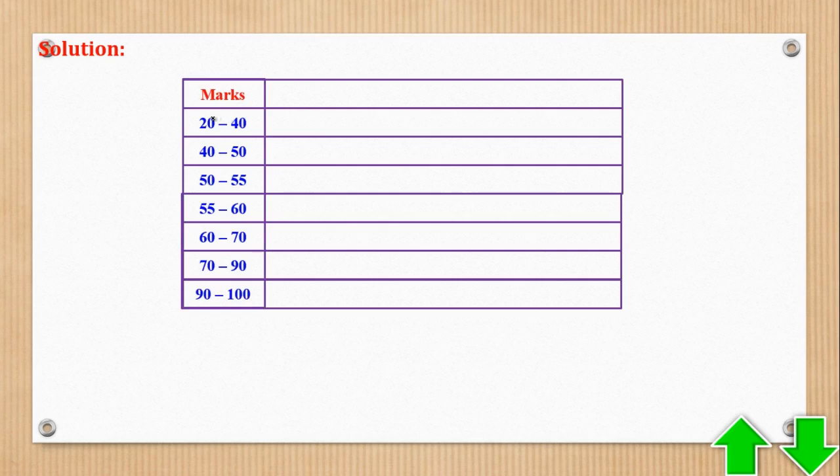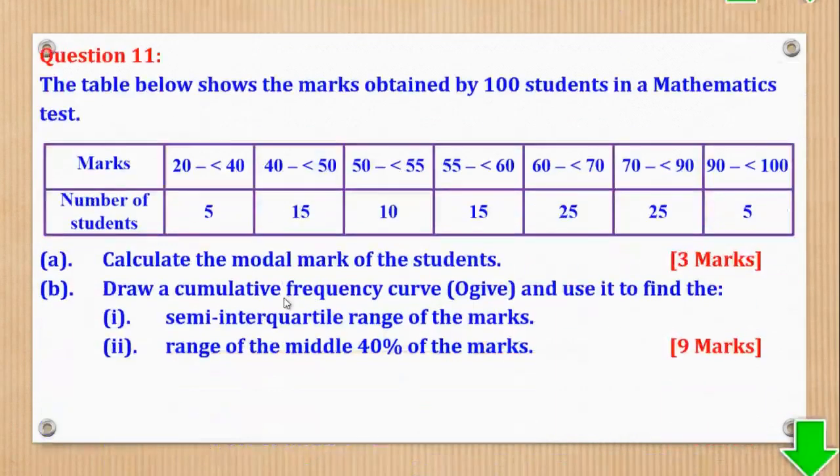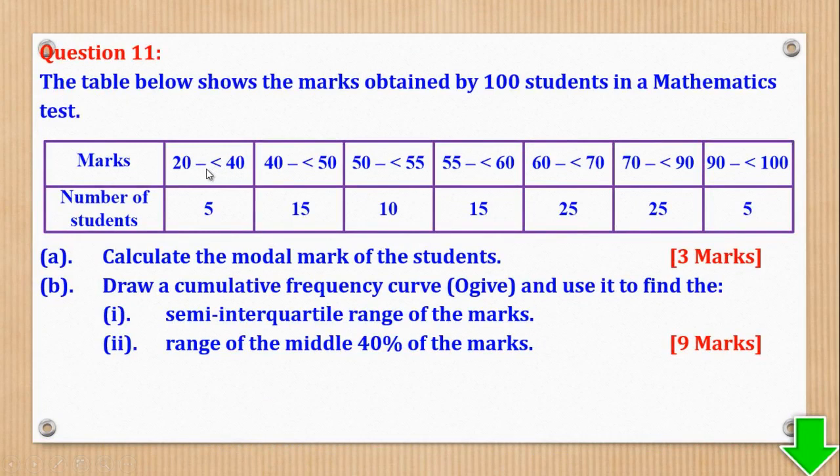Now here what we have done, we have combined the class and the class boundary. That is why you are not seeing these inequality signs. So each time you see the inequality signs, it means class is the same as class boundary. So it is advisable to put both in one column by removing this inequality.